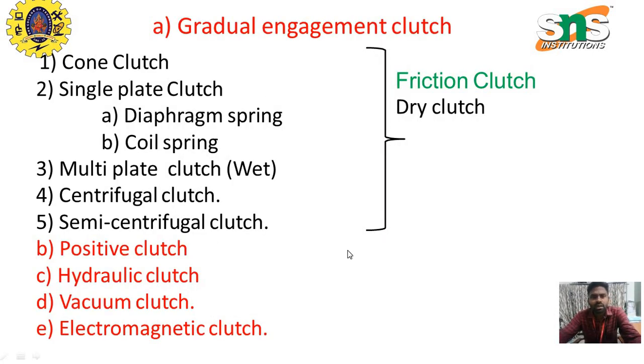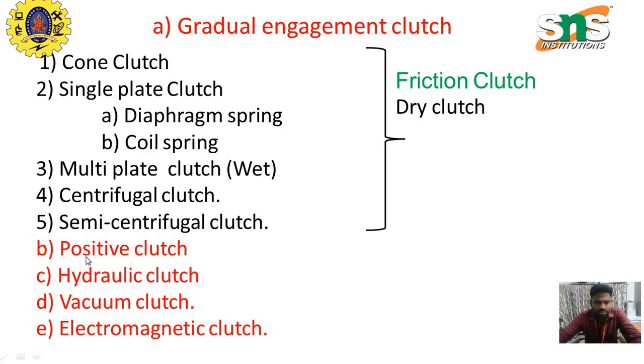We have a number of types of clutch based on construction and working mechanism. Generally we have the cone clutch, single plate clutch, multi plate clutch, centrifugal clutch, and semi-centrifugal clutch. These are the major classifications in the category of gradual engagement clutches, and they are also called dry clutches, where no fluid medium is placed between them.